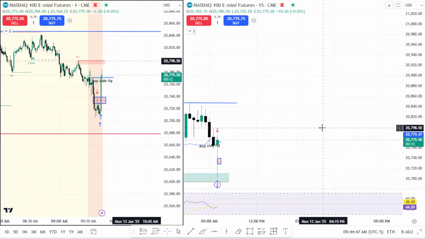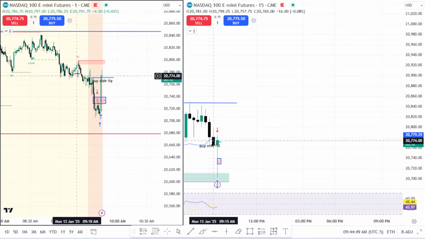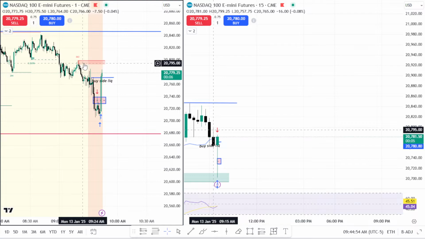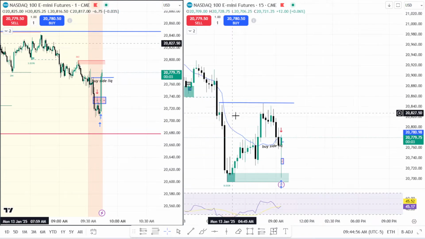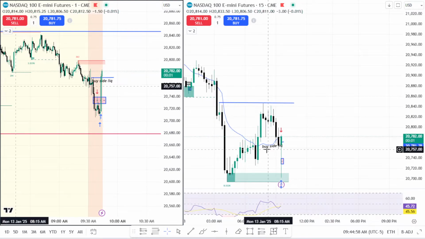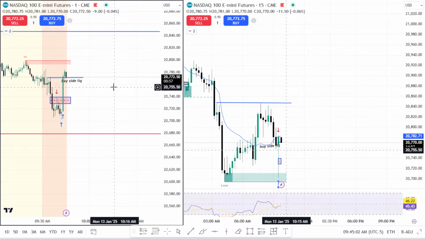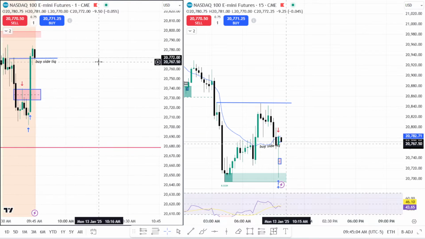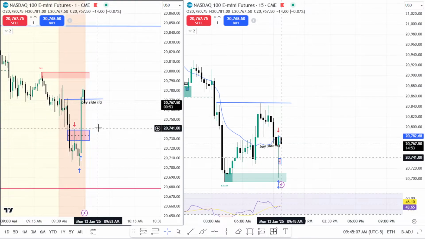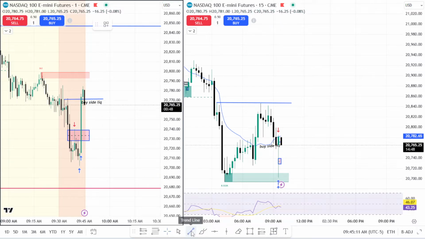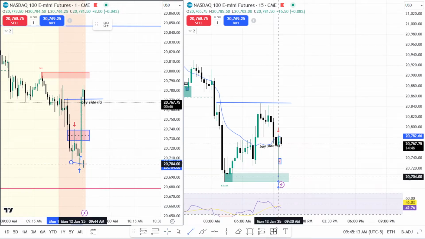Is this just a liquidity grab? It is possible. Or we could just be coming up to here or to here on a lower time frame. 1 minute. Rejected a lot off of this zone. SMT here.